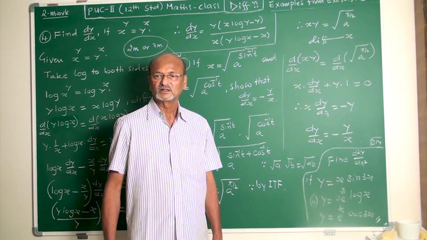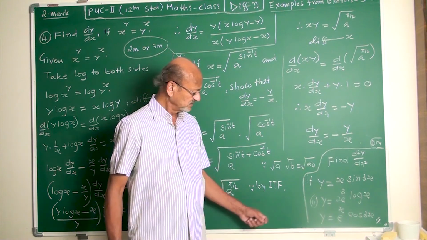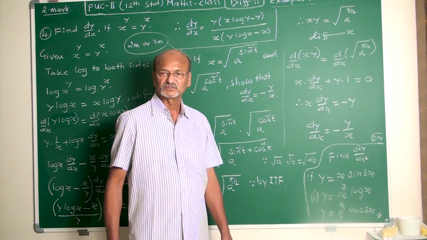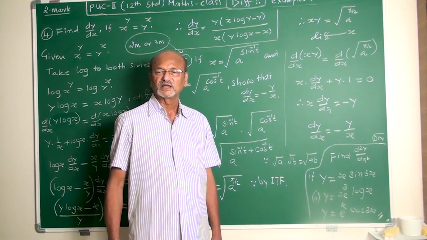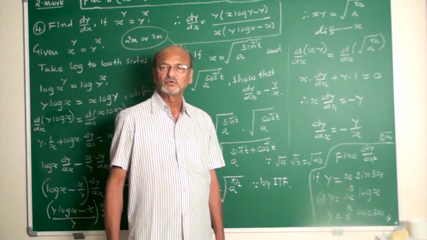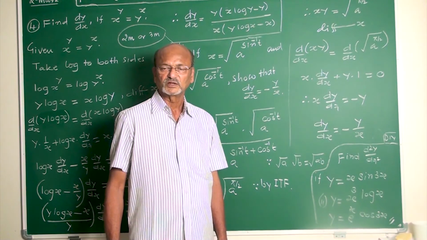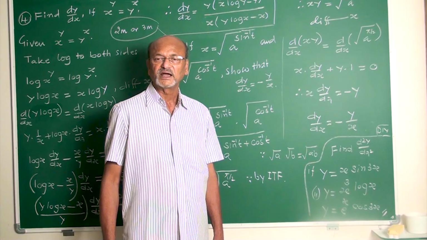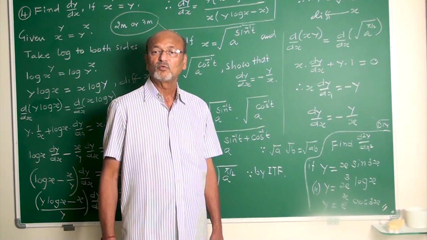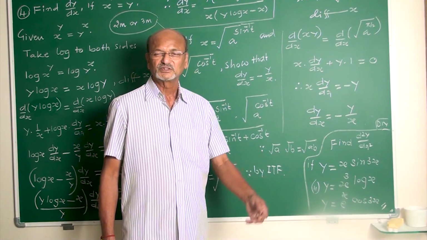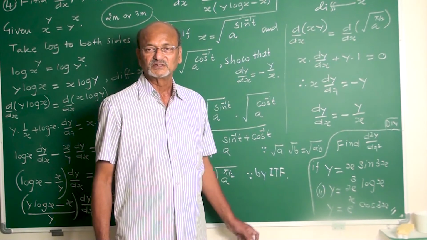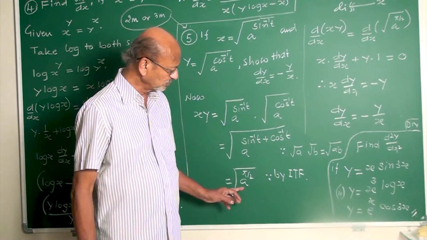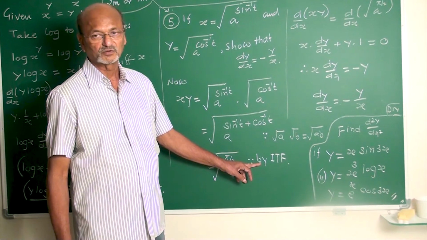Another 2-3 examples of such type will come: y equals sine inverse 2x upon 1 plus x square, cos inverse 1 minus x square upon 1 plus x square, tan inverse 2x upon 1 minus x square. Some such very simple examples they may ask under inverse trigonometric functions under 2-mark questions.